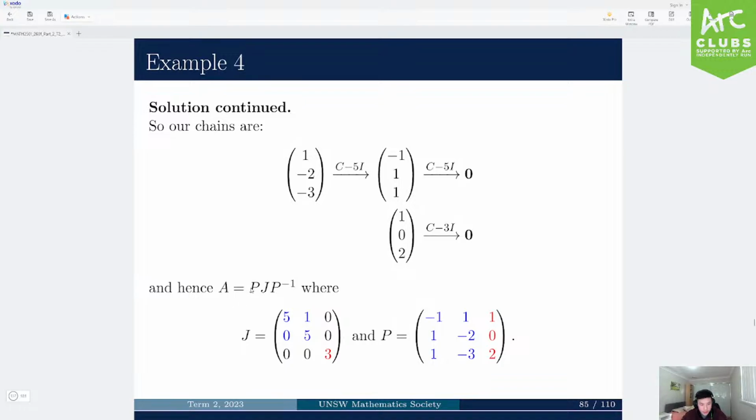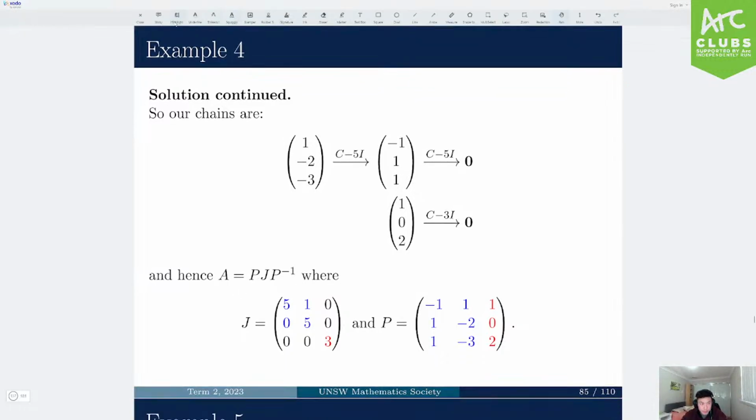Hence, we have A is PJP inverse, where J is the Jordan matrix. So again, for lambda is 5, we have this vertical block, and lambda is 3 is just this single block here. Let's use red instead because we have red in the slides.